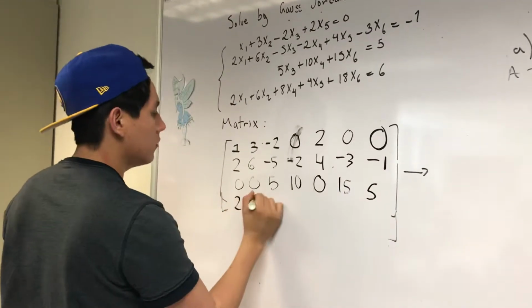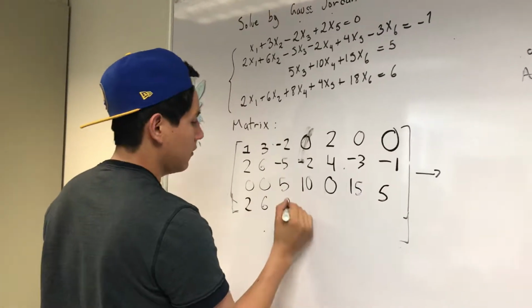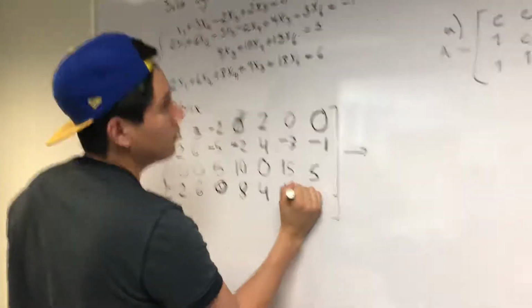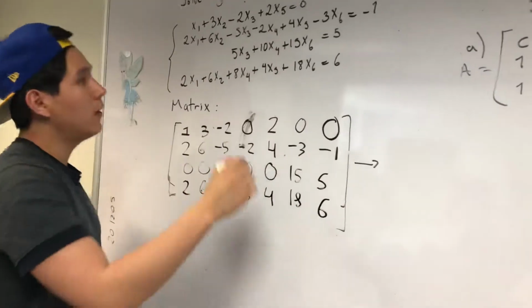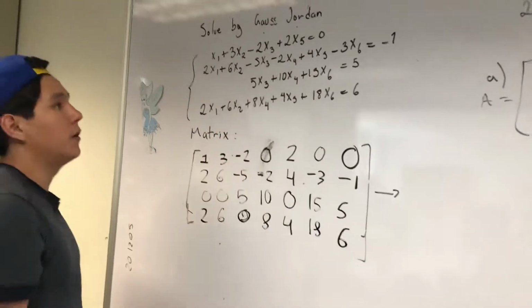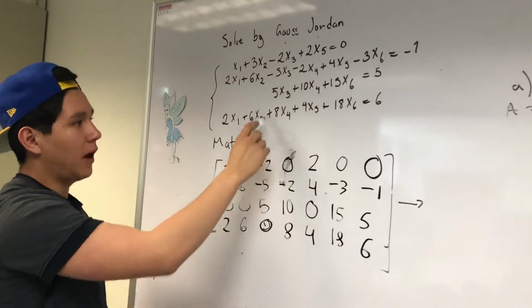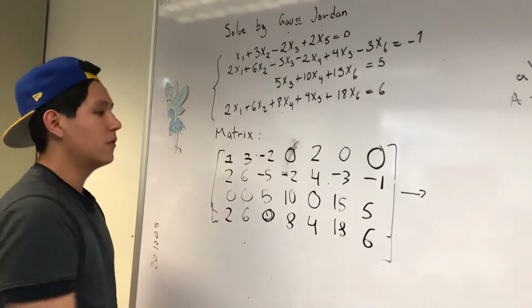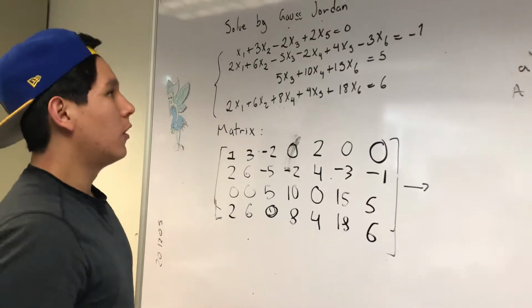So here 2, 6, 8, 0, 8, 4, 18, 16. You have to observe the equation carefully, because you can have an x3 with a coefficient where you have to put 0, so we have to look into it.